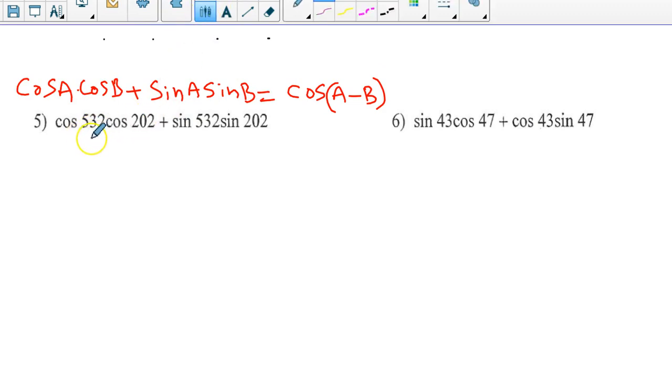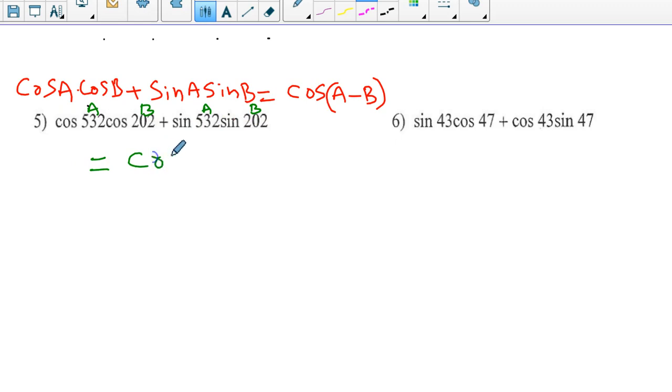So now this 532 is like your A, right? 532 degrees is A, 202 is B. So cosine A, cosine B plus sine A, that is 532, and sine B. And that must be equal to what?